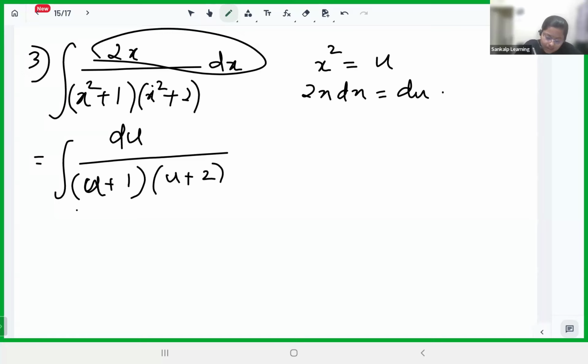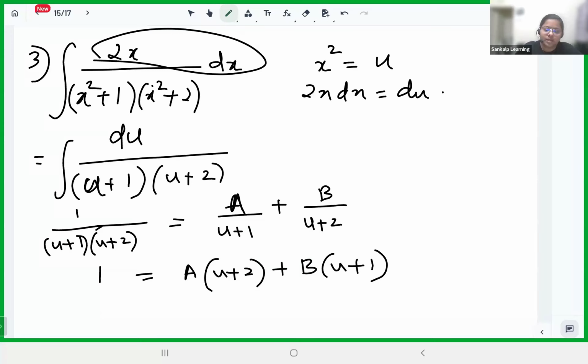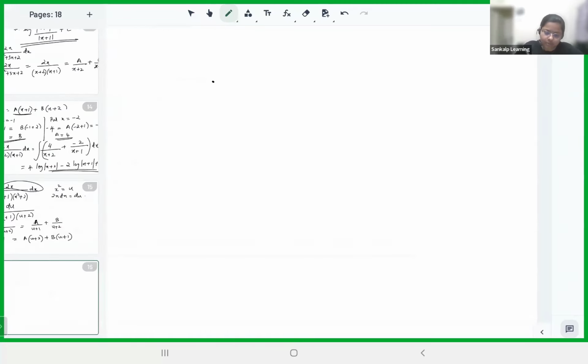So 1 by u plus 1 into u plus 2 is equal to a by u plus 1 plus b by u plus 2. So 1 is equal to a into u plus 2 plus b into u plus 1. Now what you have to do? You have to make any one term 0.